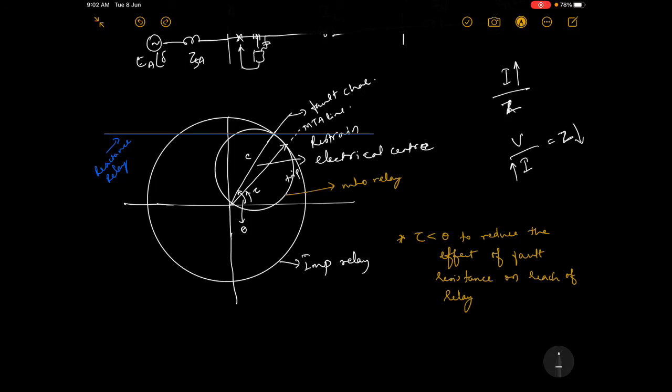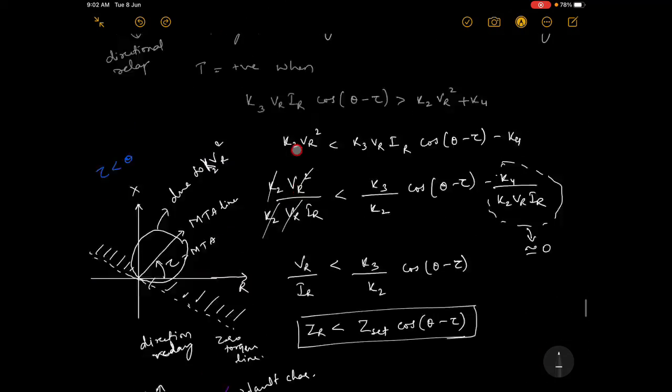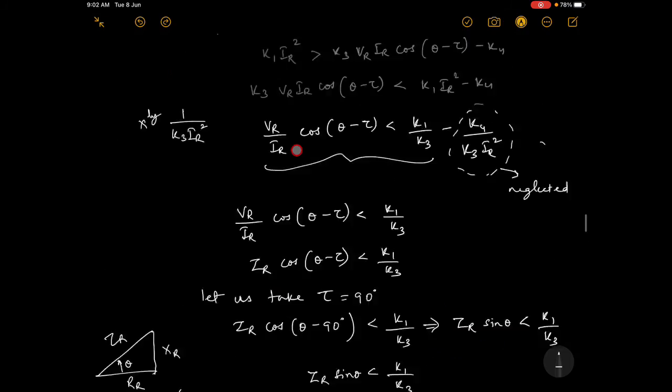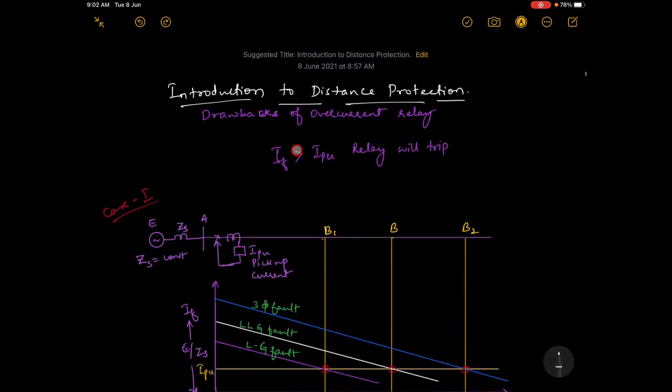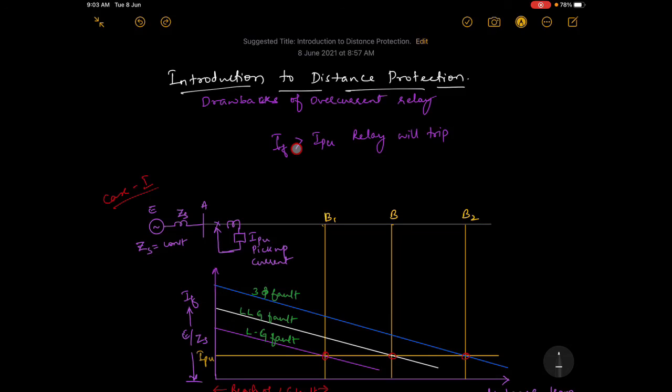We are left with only one video. Whatever I have summarized just now, starting from the overcurrent relay disadvantages, is covered in the previous three videos, so including this one, four videos. I request you to go through all these four videos in serial order.